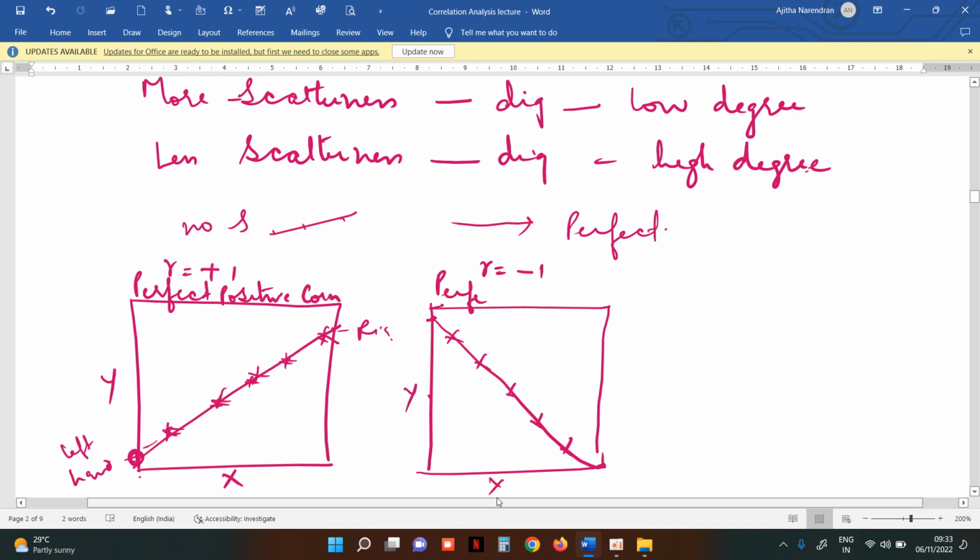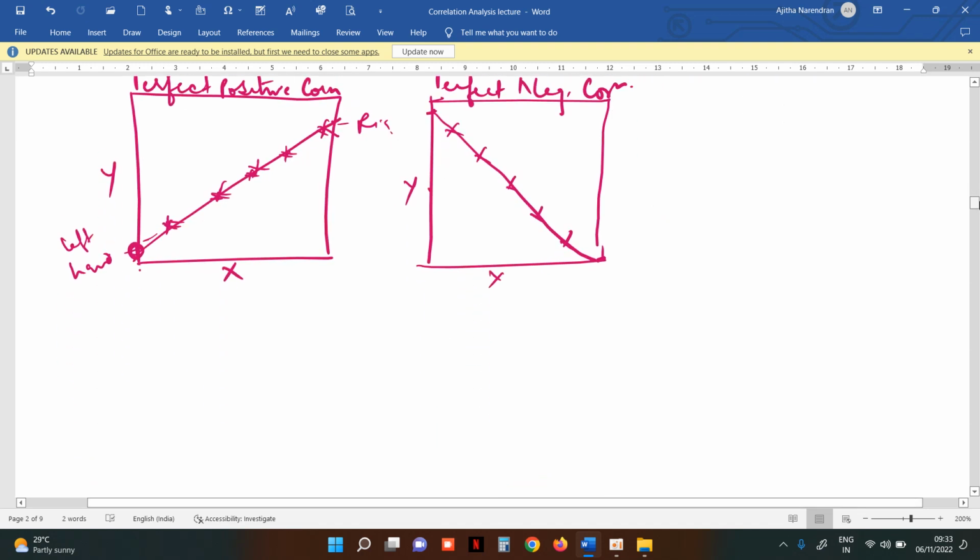This is known as perfect negative correlation. So positive means moving from the lower left hand corner to the upper right hand corner, and perfect negative means moving from the upper left hand corner to the lower right hand corner.